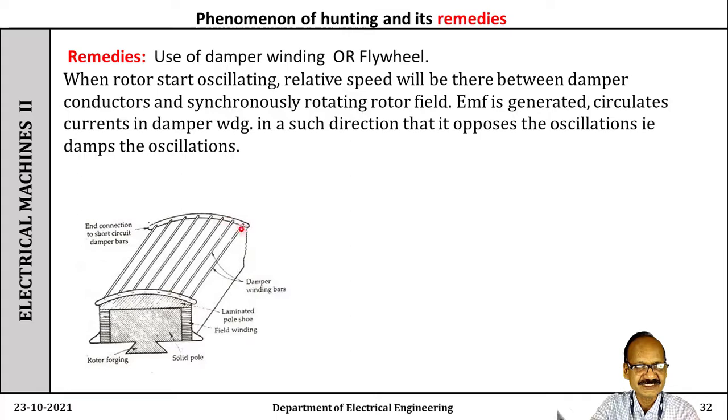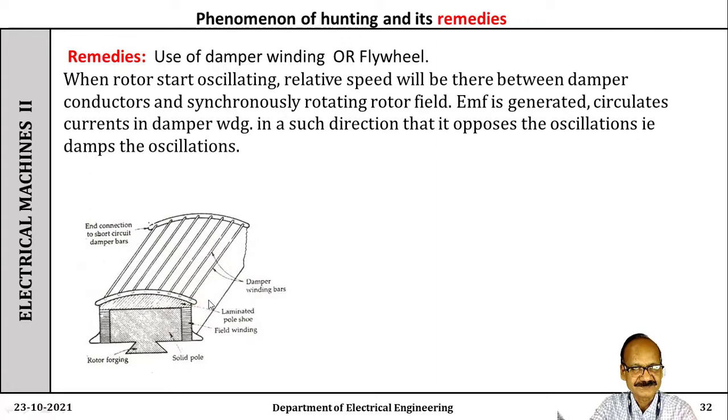That is, it opposes the very cause producing it. In this case, the cause of production of the EMF is the relative motion between the damper winding and the rotating magnetic field, and thus this current damps the oscillations of the rotor.